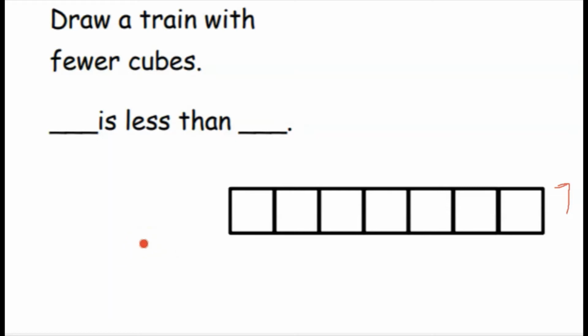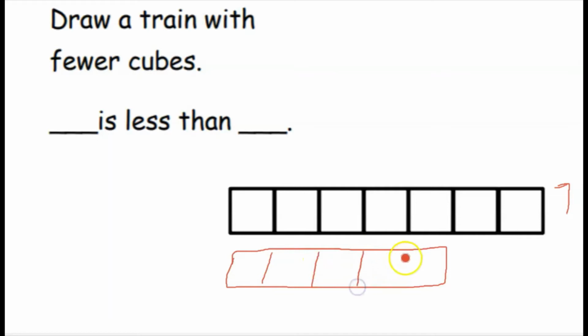Well, I know I want fewer cubes, so I'm not going to draw a train that's 7 cubes because that would be the same as. So I'm going to draw a train that has 5 cubes. Is 5 less than 7?